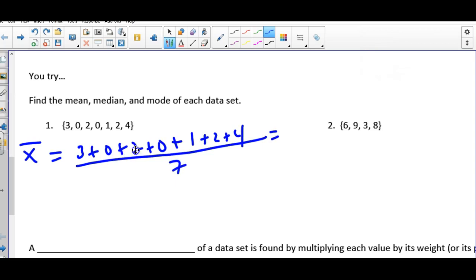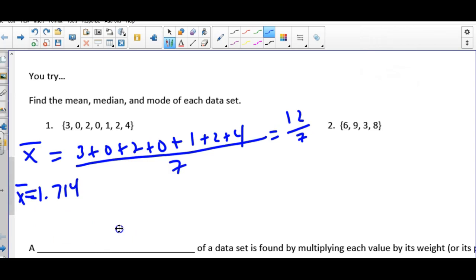If we add at the top, we get 12. If we divide that by 7, we get a mean of... no, I'm sorry, I'm thinking about the other problem. 12 divided by 7 is going to be 1.714. So that's X bar.